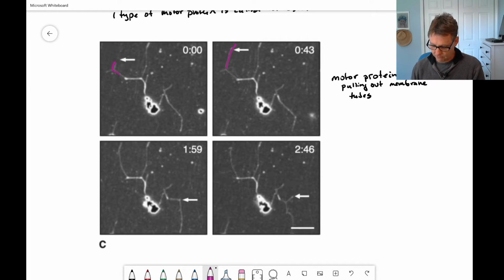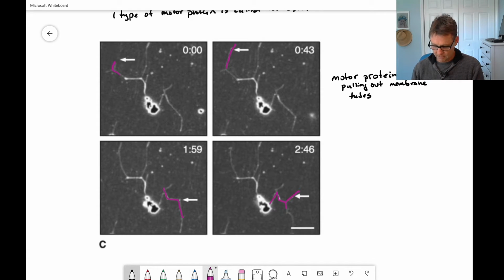And there's another example over here, but you'll notice that if you compare the patterns, they branch at 90-degree angles or 45-degree angles or whatever angle that is. And that's just showing you that the proteins can pull them on the microtubules.